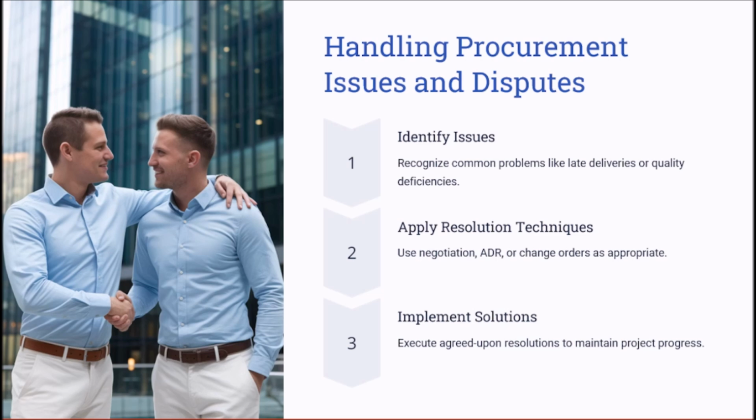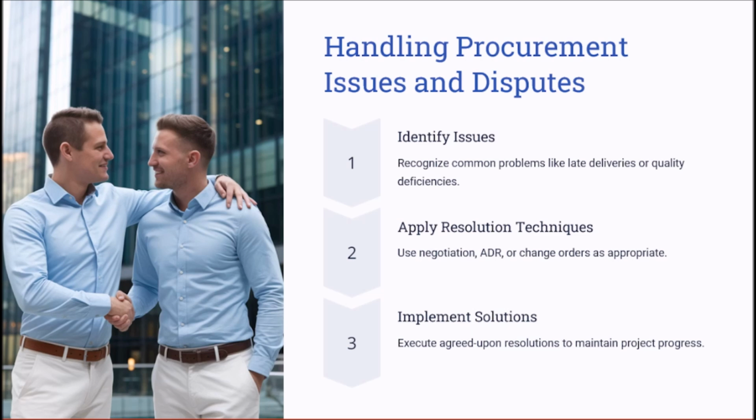Sometimes you need to apply for a change request or change orders, which is an official contract modification if needed, to meet your needs and also the vendor's or supplier's needs. Again, procurement issues can sometimes be avoided, but they must be handled proactively.